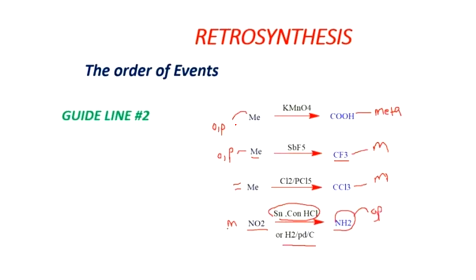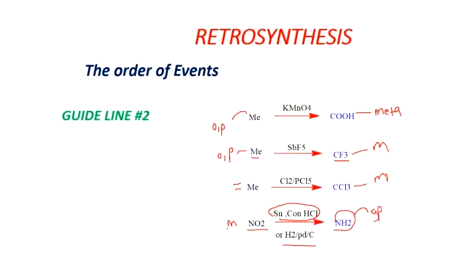The methyl group is an ortho-para directing group. When this methyl group reacts with KMnO4, it converts to an acidic group, which is a meta directing group. Or when this methyl group reacts with SbF5, it proceeds to an electron withdrawing group, which is also meta directing. So we know how we could proceed with our reaction, or transform our starting compound into another compound.